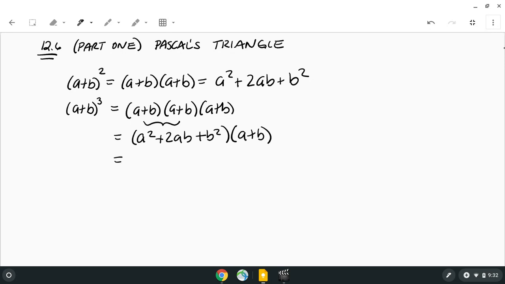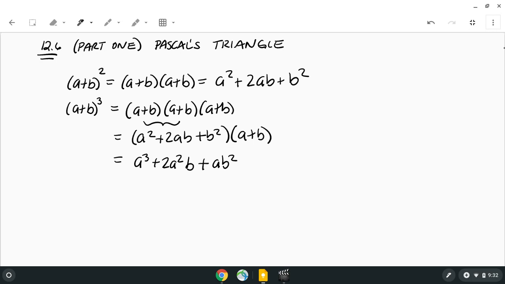So a times a squared, a times this, a times that, and then b times that, b times the middle, b times b squared. Okay, so a times a squared is a cubed. A times 2ab is 2a squared b. A times b squared is ab squared.